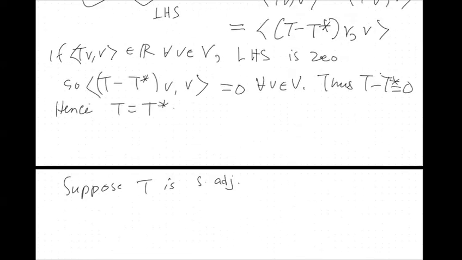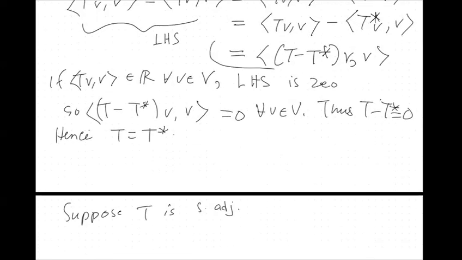Now suppose we have a self-adjoint T, then the right hand side of the equation equals 0.